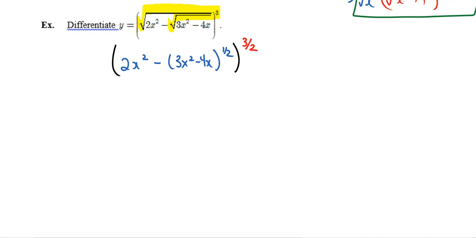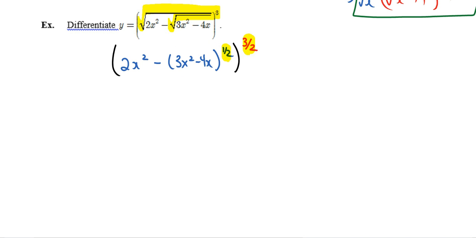I was just using my power rules there. Now I can't multiply this 3 over 2 and this 1/2 anymore, because this 1/2 here is only applying to this part of the problem. So I can't times the 3 over 2 and the 1/2. That's not a proper exponent rule.